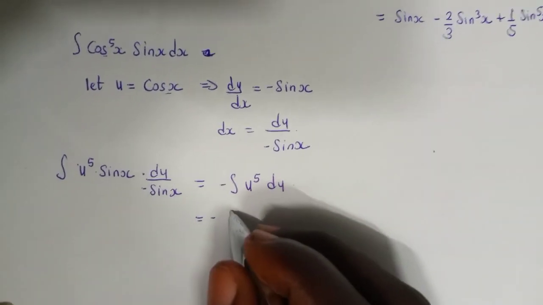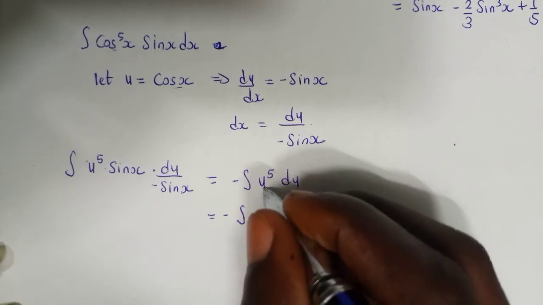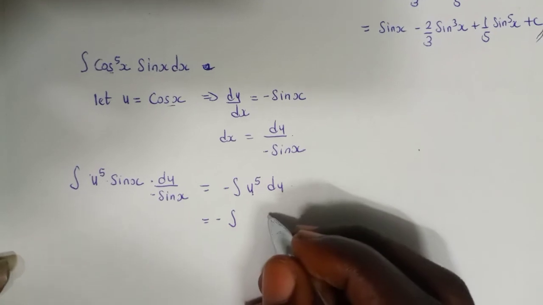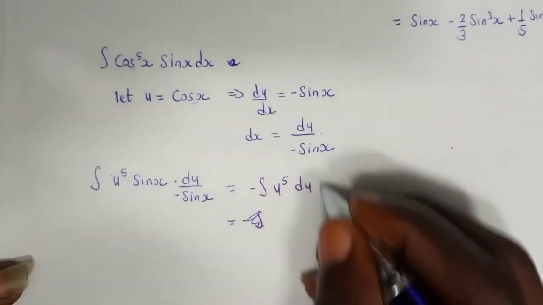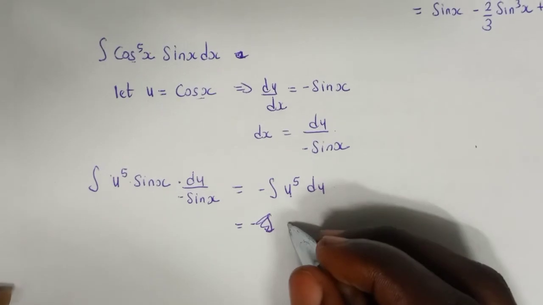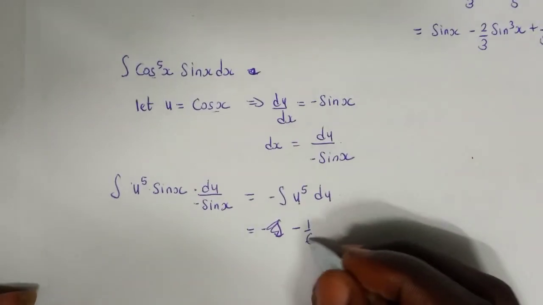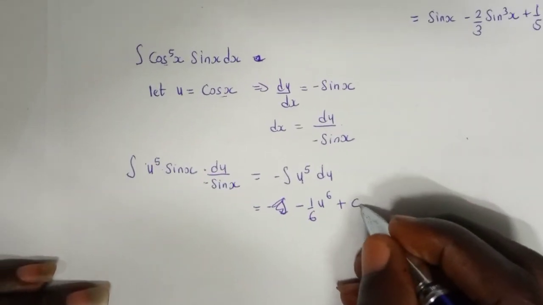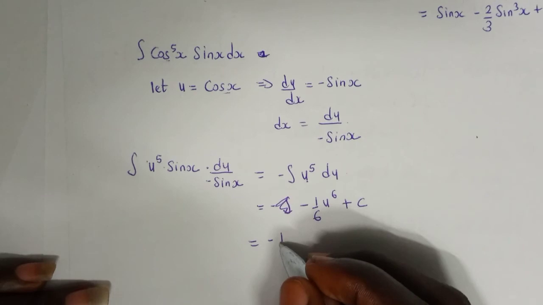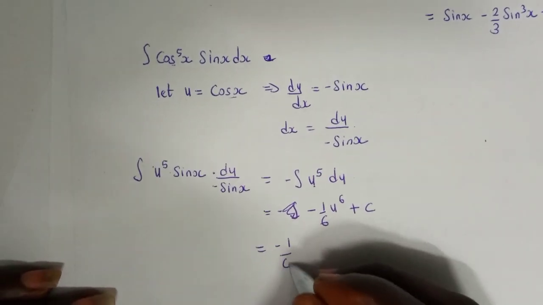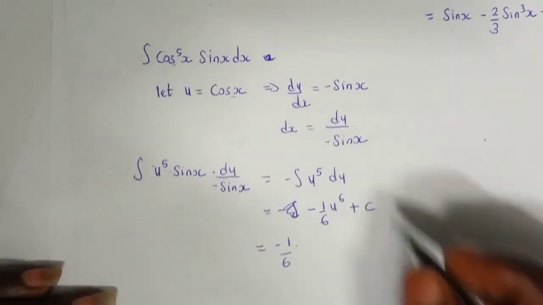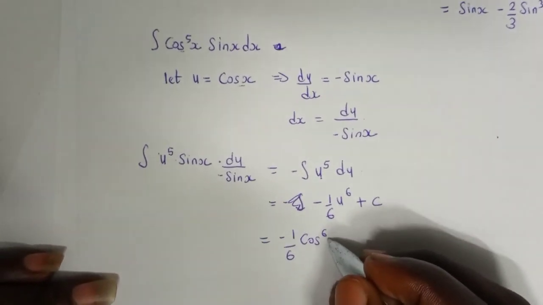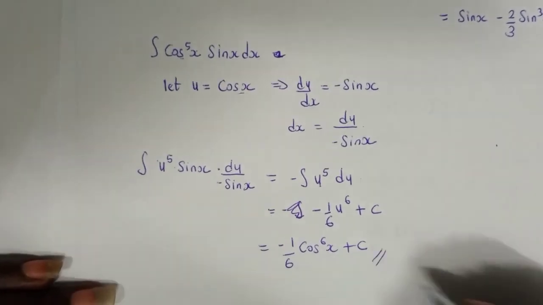So minus the integral of u exponent 5, let's integrate it straightforward. We are going to get minus 1 out of 6 u exponent 6 plus the constant c. We know that our u is cos x. So we are going to get minus 1 out of 6 cos exponent 6 x plus c. So this is our final answer.